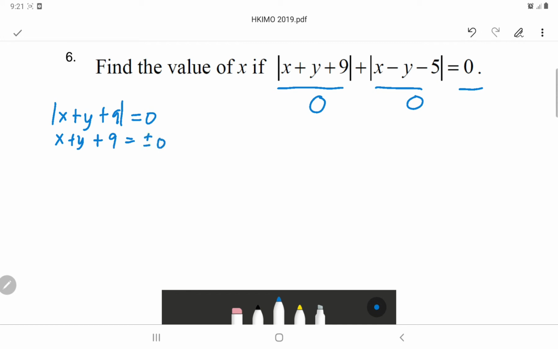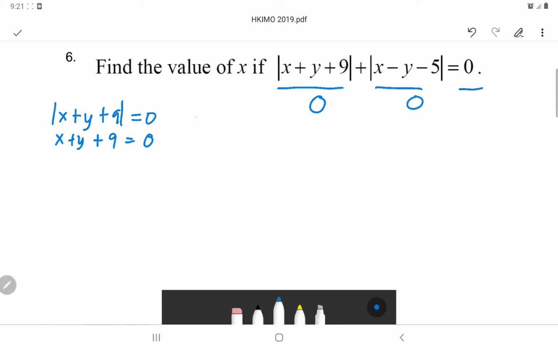But since there is no positive or negative 0, eventually you can consider that as 0, directly 0. So that is the case. So when you're taking out the absolute value, on the right side, you could have two cases, the positive and the negative. But since it is 0, so directly 0.